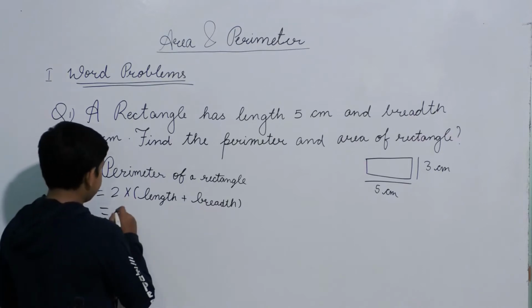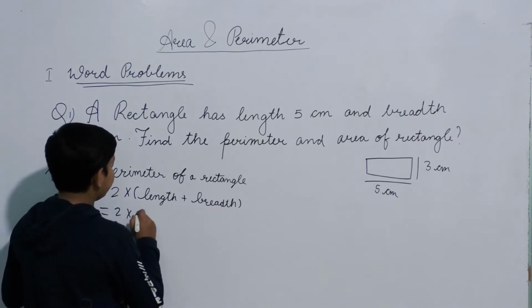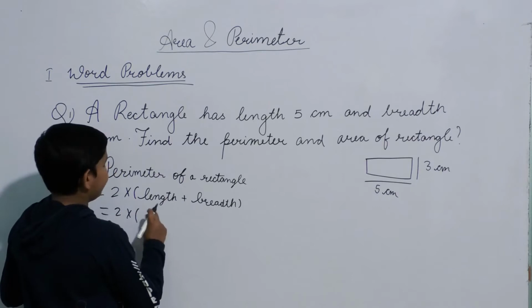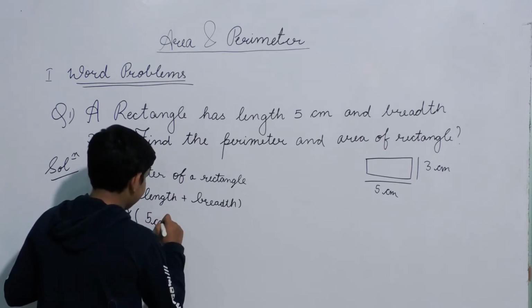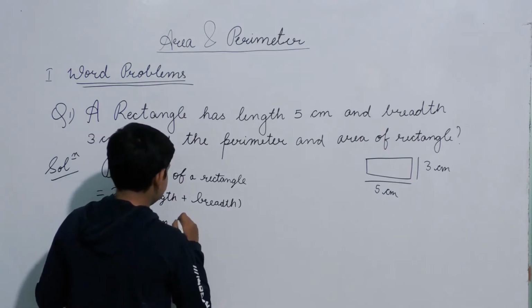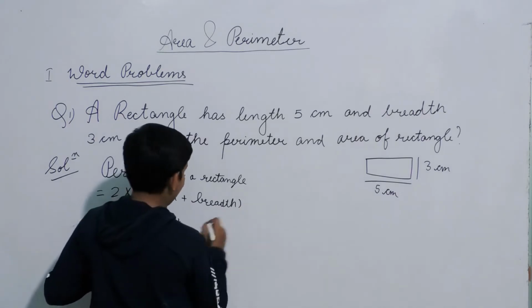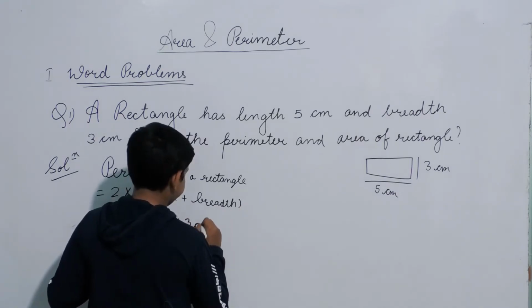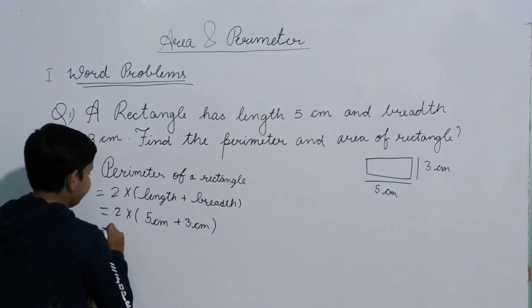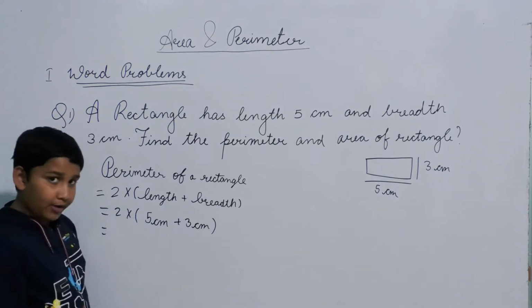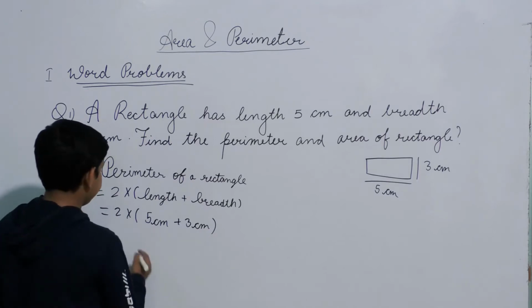So we will rewrite the question as 2 into, and instead of length we will write 5 cm, because it is our length in the question, and instead of breadth we will write 3 cm. Now we will first add this, because in BODMAS the bracket comes first.